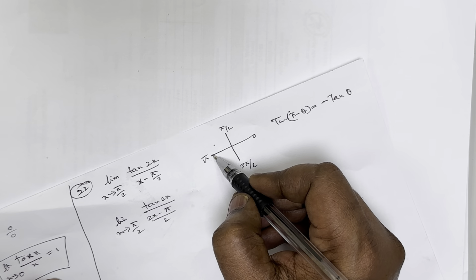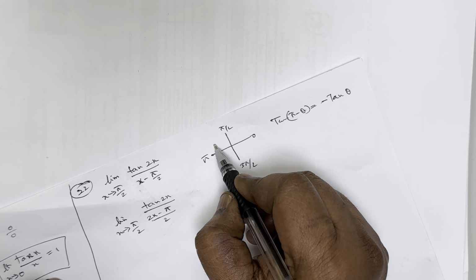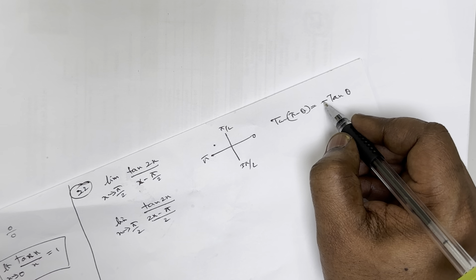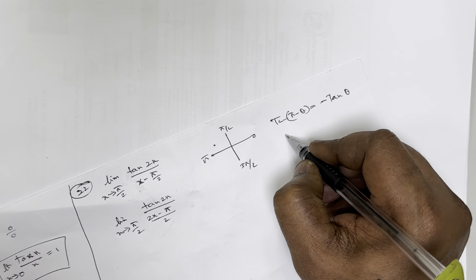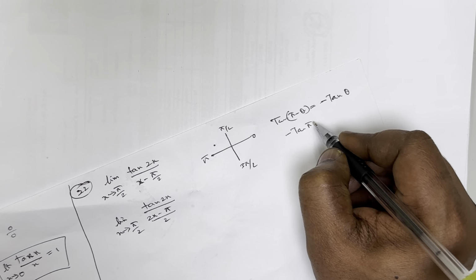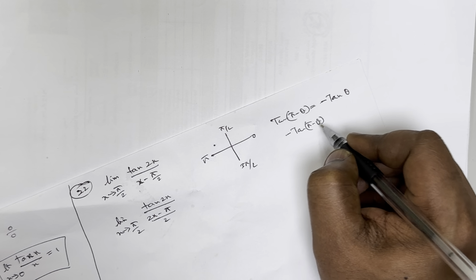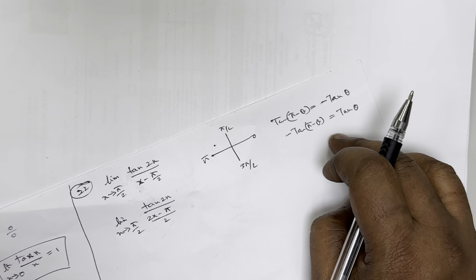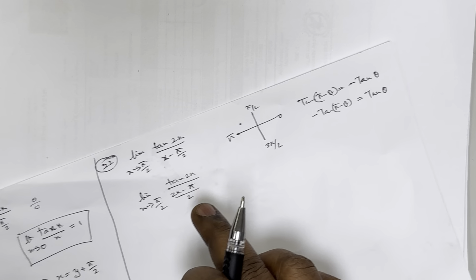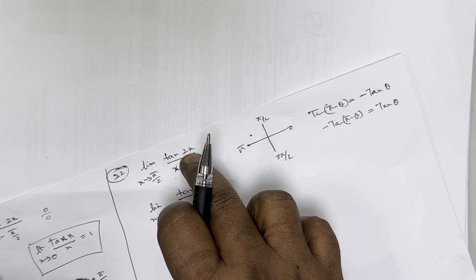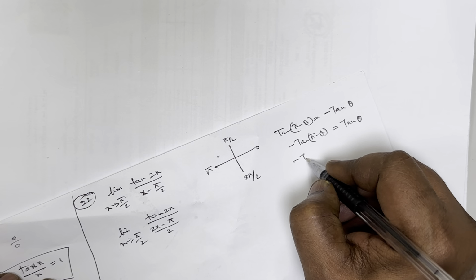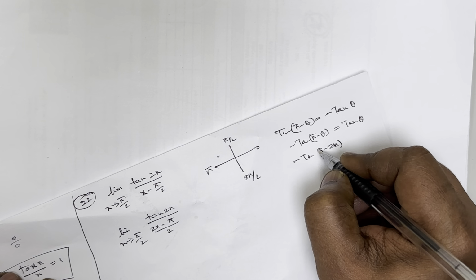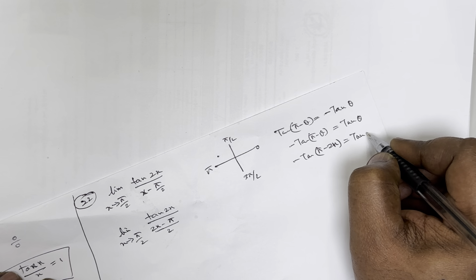When you bring the minus to the other side, you get minus tan of pi minus theta is equal to tan theta. So instead of theta we will take 2x as the angle. So minus tan of pi minus 2x is equal to tan 2x.